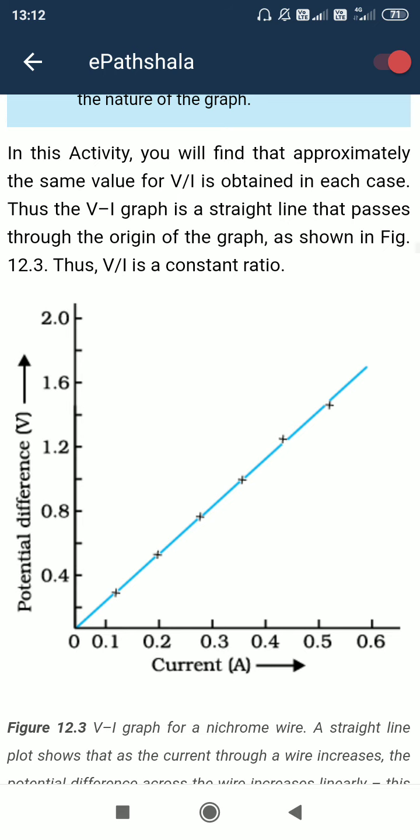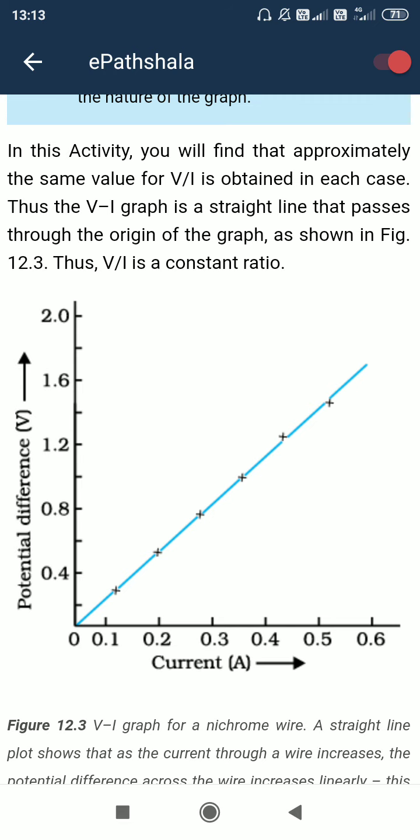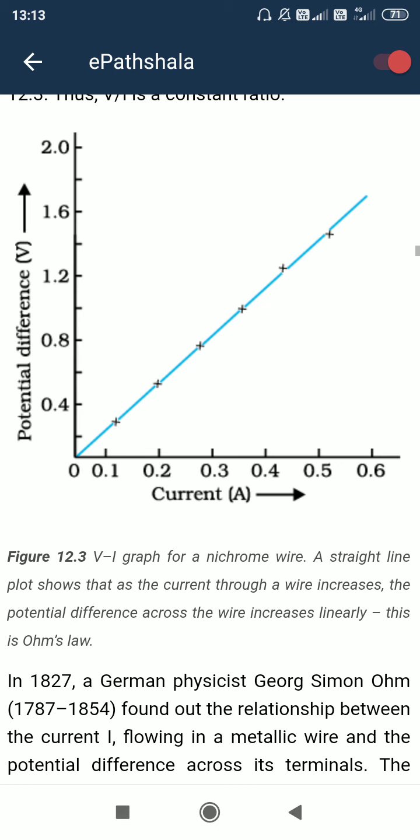V is the potential difference, I is the electric current, and R is the resistance of that specific material. If the material has less resistance towards the flow of electrons, then the electric current is more.